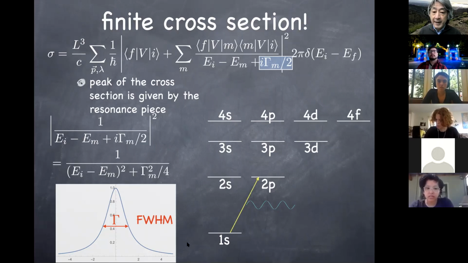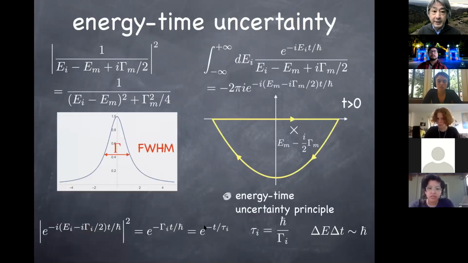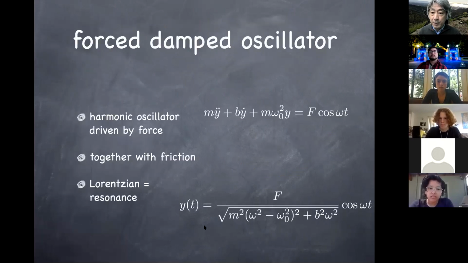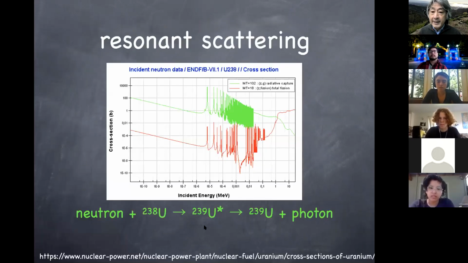And here is some of the data. This is actually the same thing I mentioned earlier, so I'm going to come back and talk about this later. That's the same phenomenon as a resonance in a harmonic oscillator, but I just want to show you some data. This is the scattering cross section of very slow neutrons on a uranium nucleus. The neutron can hit the excitation energy of uranium-239.